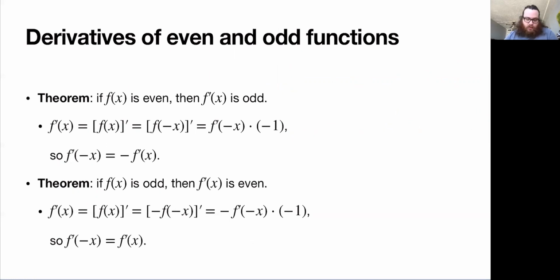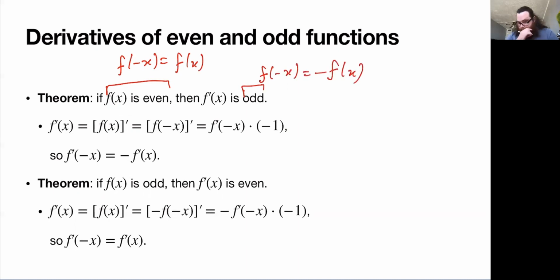So here f is even, which recall means that f of minus x is equal to f of x. And we want to show that the derivative is odd, which means f prime of minus x is equal to minus f prime of x. How we're going to go about it is, well, take the derivative of the function.